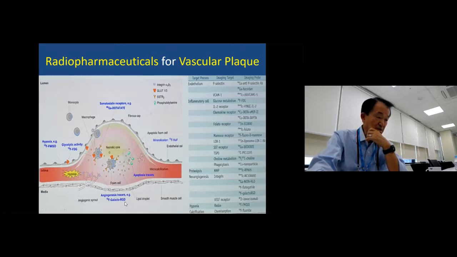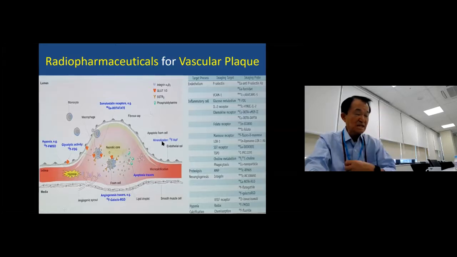So here we have an angiogenetic agent, glycolytic agent, and hypoxic agent, and certain immune cell agent, and somatostatin receptor agent, and this mineralization that makes a microcalcification. So that's by bone scan agent.